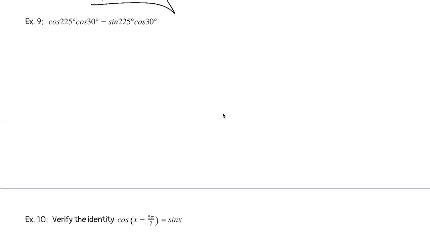Okay. What makes you say the difference? Because there's a minus sign in between it? Yeah, okay. It's the sum formula, right?